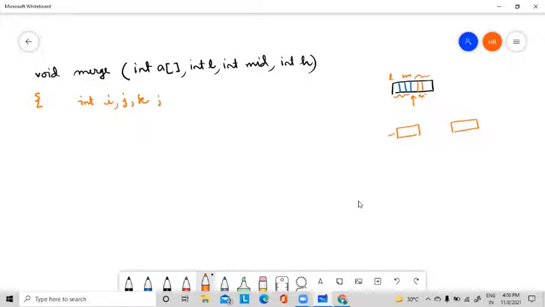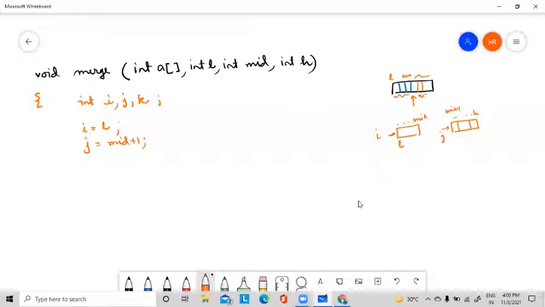This I index variable will move up to mid and this J index variable will move up to H. The starting value of I is L, the end value of I is mid. For J, the starting value is mid plus 1, because this is the lowest index value of the second part, and it will move up to H, the highest index value. So first I will initialize I equal to L, J equal to mid plus 1.